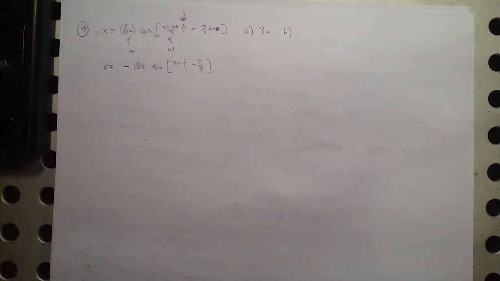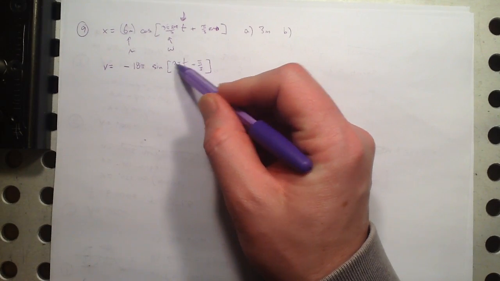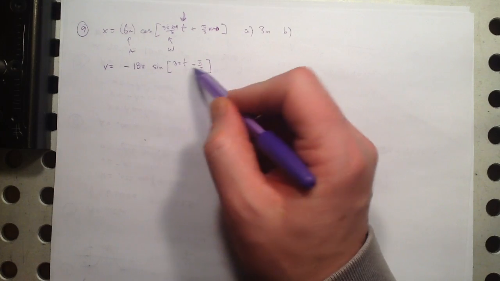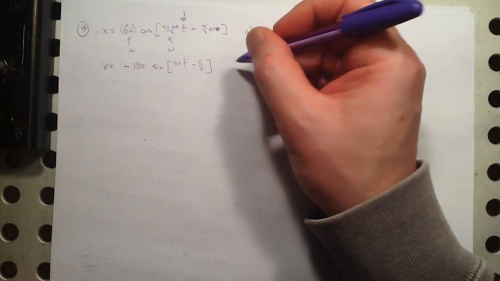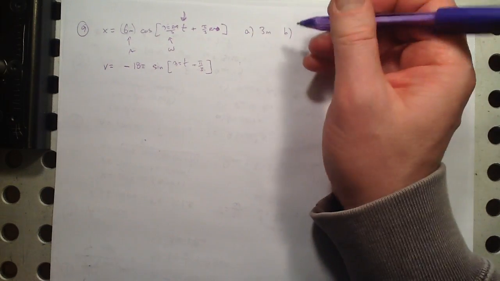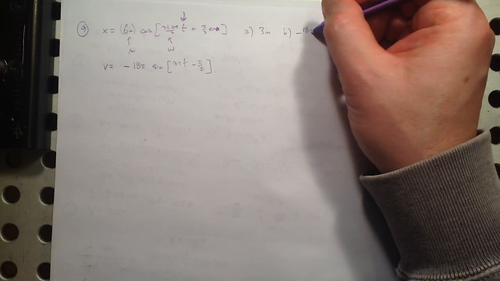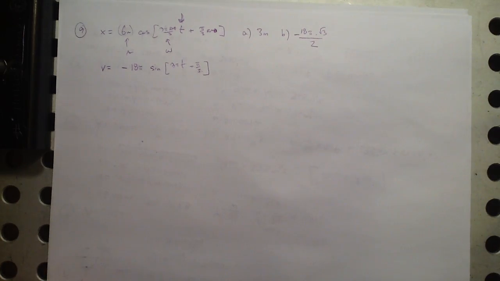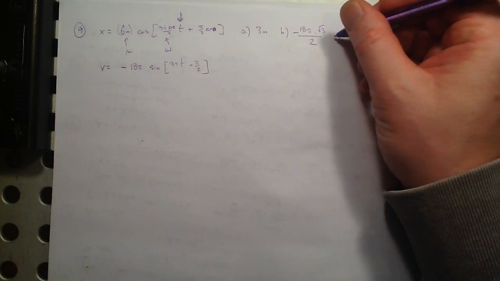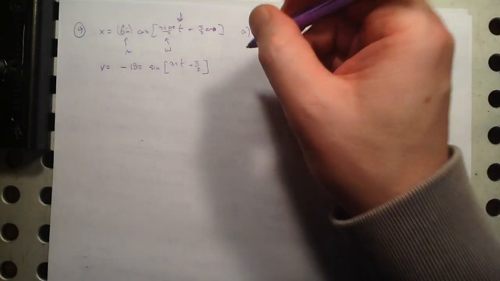They want to know at 2 seconds, so by the same logic, this is just a multiple of 2 pi when I plug in 2. So it's just the sine of pi over 3, which is square root of 3 over 2. So the velocity is going to be negative 18 pi times the square root of 3 over 2. That should come out to be about negative 49 meters per second.